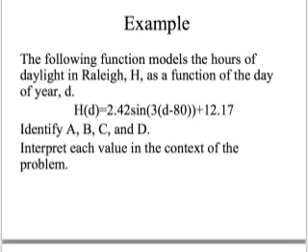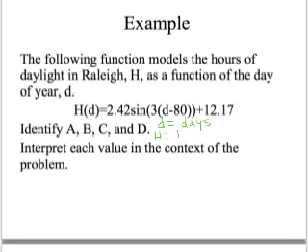Well, it's all about units, so what I'm going to do first is write down what D stands for in terms of my units, and D is days, and that's my input, and H is my output, and that stands for hours of daylight.